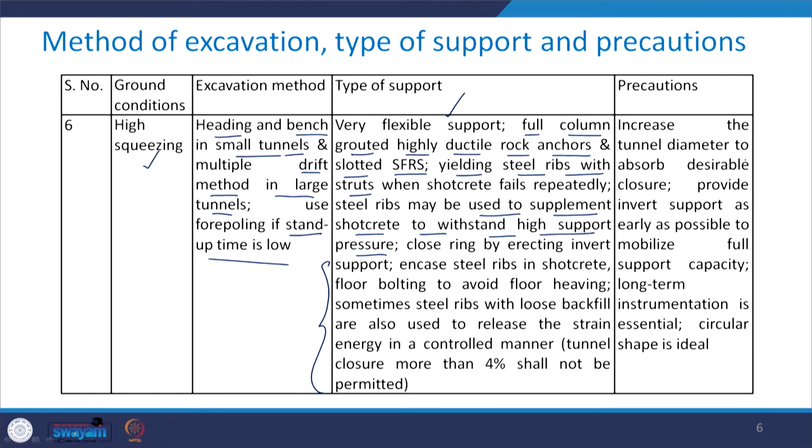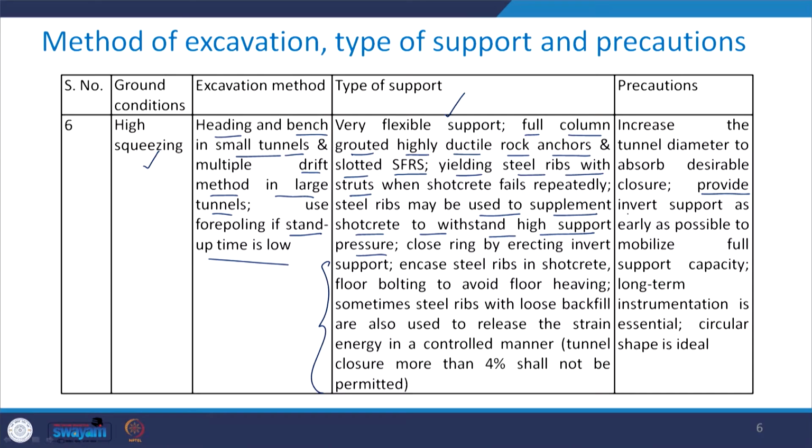What is done is that the excavated diameter is more than what is needed as the final diameter of the tunnel. Because of this squeezing phenomenon, there is convergence of the tunnel, and therefore, if you have the excavated tunnel diameter on the higher side, then it will absorb this desirable closure.